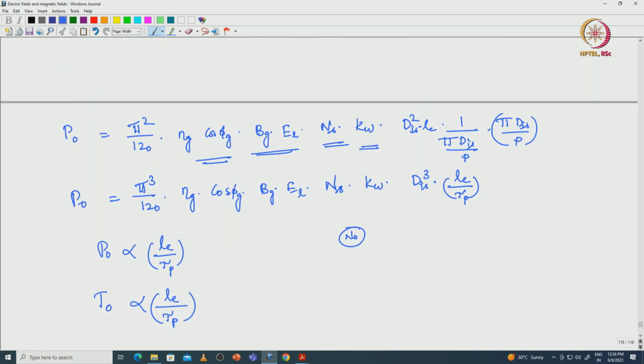In this power equation, what we have not considered is the magnetic fields: only the air gap is considered, and not the core, the teeth, and the stator and rotor.